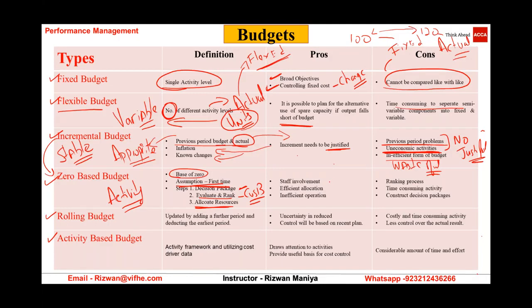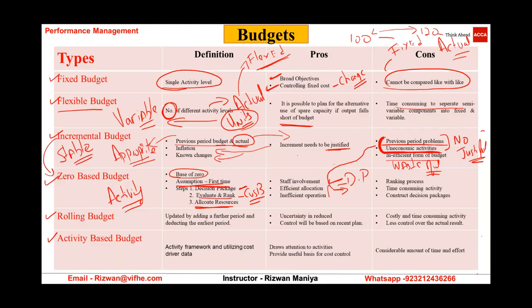What positives does this have? Number one, staff involvement. Obviously, to prepare decision packages, you need to involve people. Number two, efficient allocation. Yes, the major problem which was in incremental budget. See, I'm creating a link here. This is the $1 million link, that using zero-based budget, it results in efficient allocation of the resources. This means all the previous problems and inefficiencies will be removed.